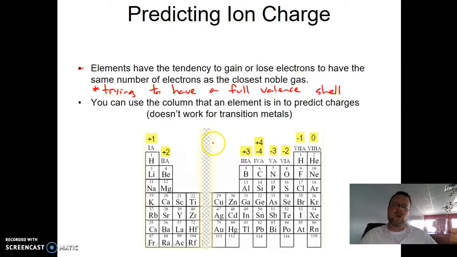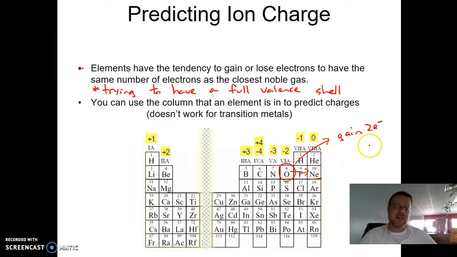So if you were to pull out an element like oxygen, and want to know what oxygen does to become stable, oxygen would try to have the same number of electrons as the closest noble gas. The closest noble gas to oxygen is neon. So for oxygen to go from having 8 electrons to having 10, oxygen would have to gain 2 electrons.